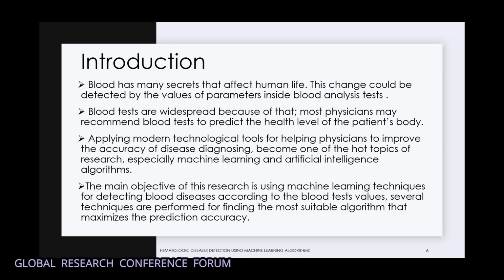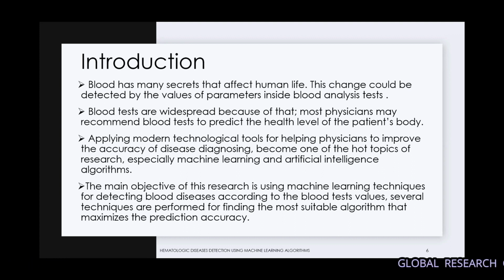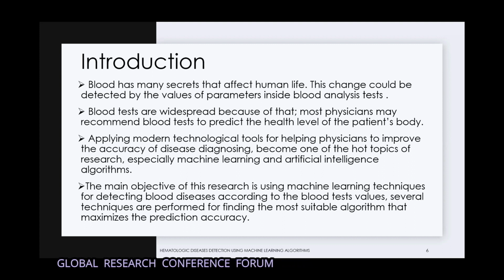And also, during blood donation, with the help of this project, we can help prevent the spreading of diseases from one person to another. Further, my friend Mansi will present.